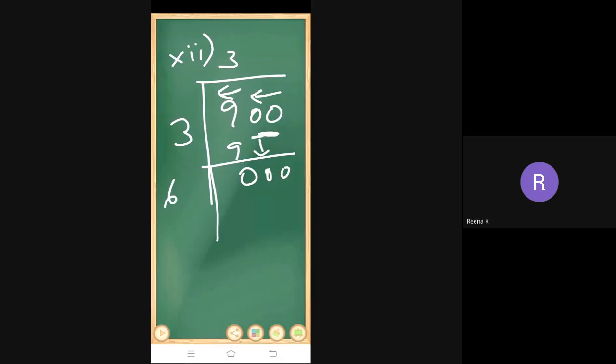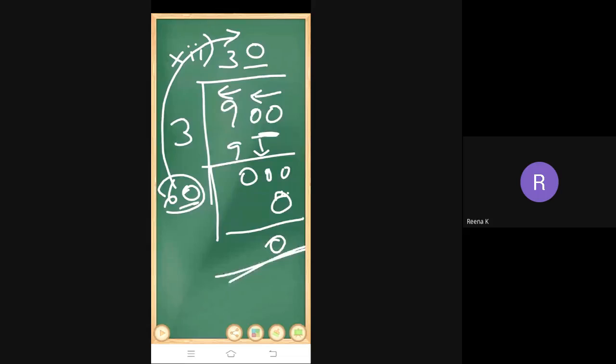6. What digit should you write here as well as here to get 0? If I write here 0, here also I should write 0. So the 60, when I multiply with 0, I will get the answer 0. So 0 minus 0, again you will get 0. So the square root of 900 is nothing but 30.